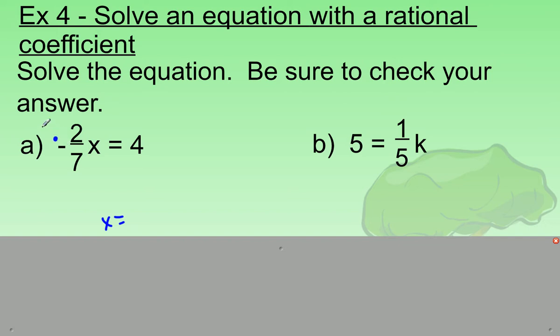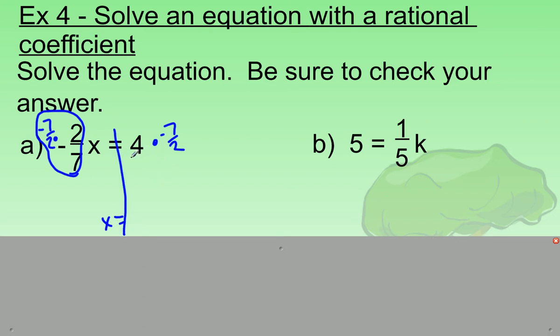So if I multiply by negative 7 over 2, this whole thing here reduces down to 1. Again, 7 times 2 is 14. 2 times 7 is 14. 14 over 14 equals 1x.